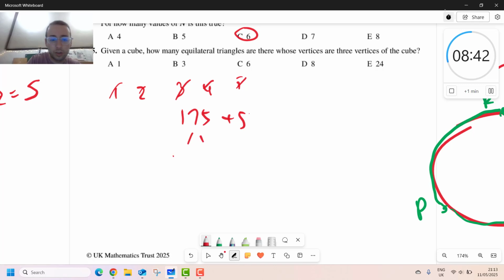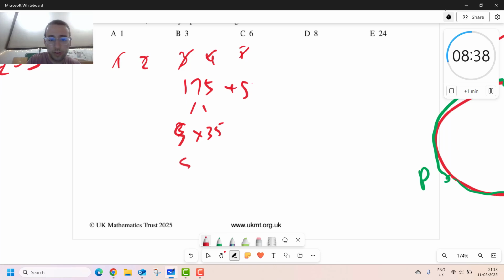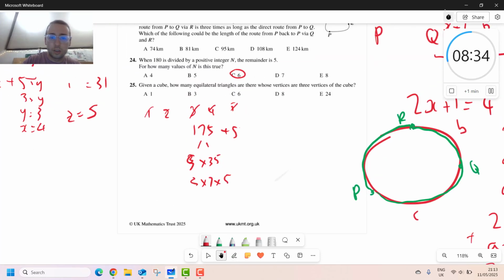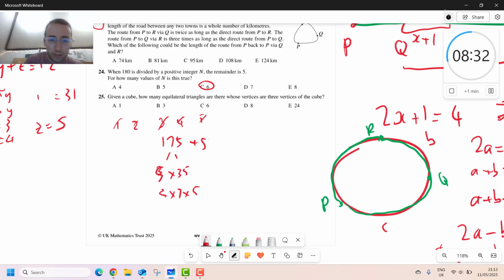So this was 5 times 35. So it's 5 times 7 times 5. So those factors, yeah, this is right. Because if I divide it by 7, let's just check that. It doesn't feel right. 0, 2 remainder 4. Yeah.